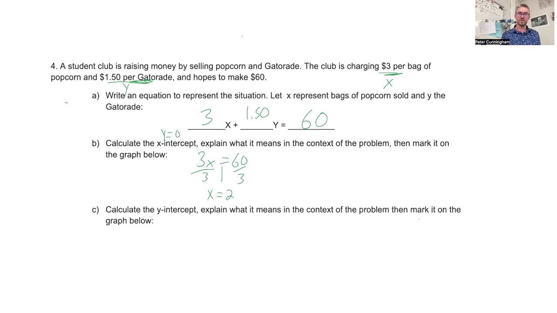This means that if I sold 0 Gatorades, I could make the $60 with 20 popcorns.